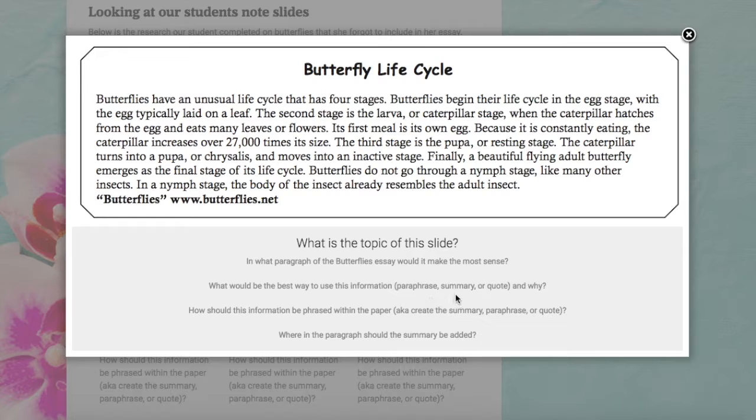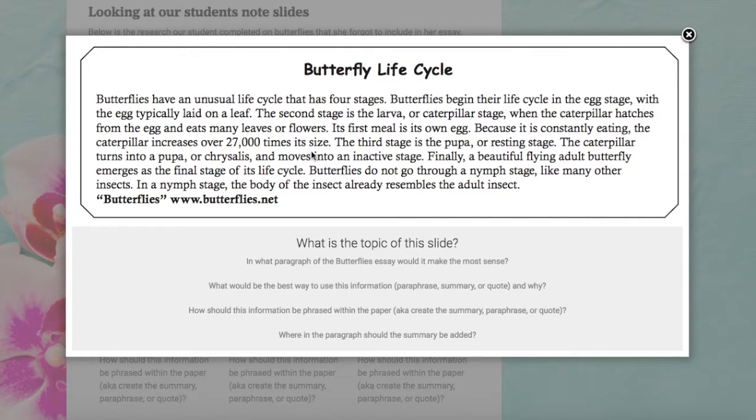What would be the best way to use this information? Paraphrase, summary, or quote, and why? Well, when we read our article up above, we know that the second paragraph talks about butterflies and gives details about the life cycle, but it doesn't maybe go into this level of detail. So the best place to put it is going to be the second paragraph because that's where it lines up, okay?